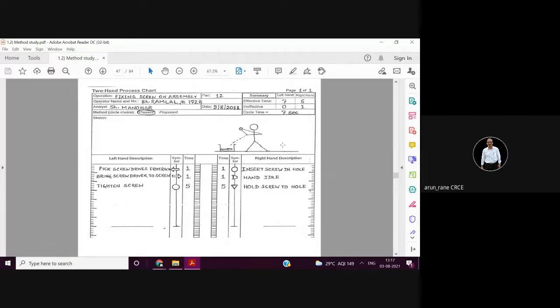Sketch if possible. This is one hand and this is the other hand. Again and again I am telling you, in modern industrial engineering this is not done, but you must know it, and that's why it is included in the syllabus. So what is the left hand description? What is the right hand description? Like with the left hand we pick up a screwdriver from the rack.